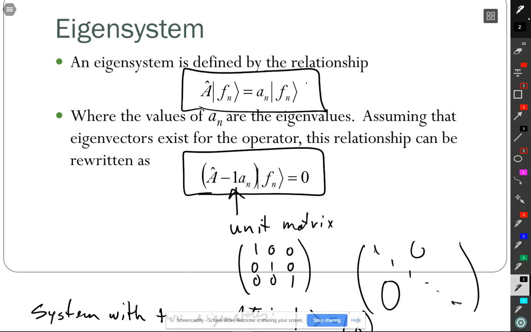And this here was just rearranging, saying if I multiply this by the unit vector, then I can subtract it from both sides. So you notice this is subtracted, so it's 0 on this side. And here we have the unit vector times a sub n. And then, of course, f of n. So it's factored out.